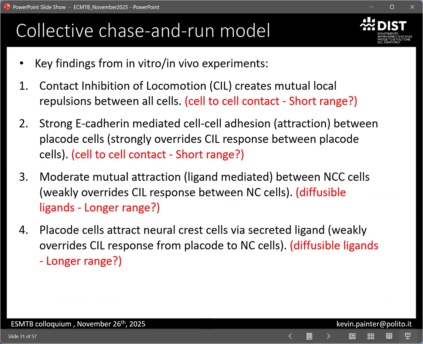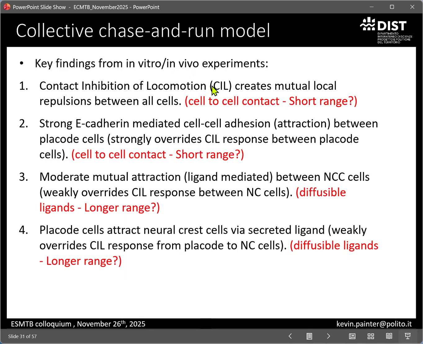The distance over which the chasers were interacting with themselves was the same as the distance with which they were interacting with runners, was the same as the distance that runners were interacting with themselves, etc. So we chose those ranges of interaction to be the same everywhere.